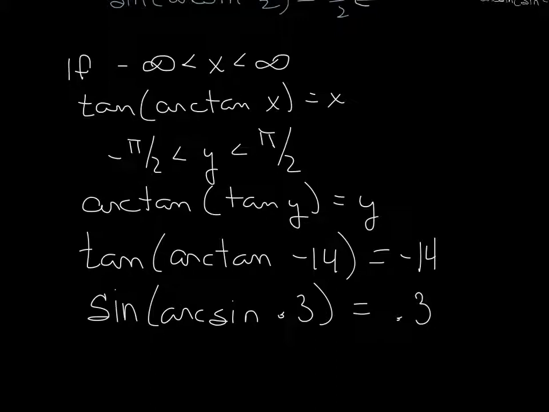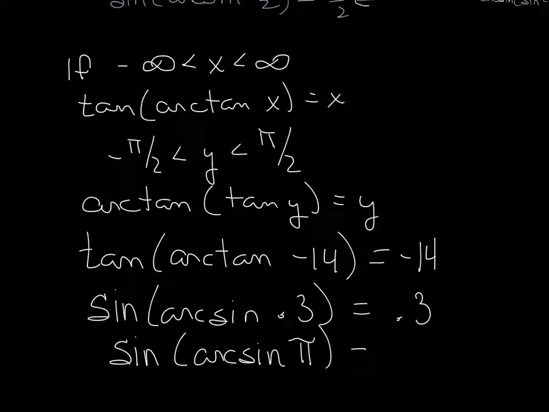Molly, you have a question? What happens when you have something that's not in those? Okay, we'll look at that in just a minute. Okay, what about the sine of the arc sine of pi? Can we have a value here?